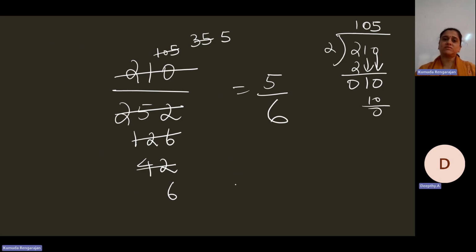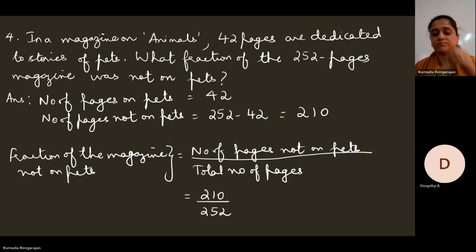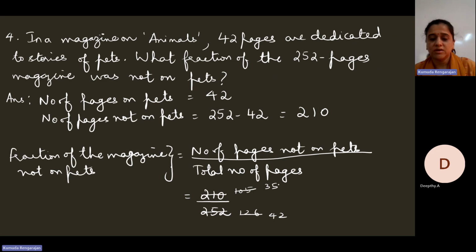First, go to the tables, then use the 3 tables and then the 7 tables. Can you go to the previous slide for a minute? So 105, 126. 35, 42. 7 fives are 35, 7 sixes are 42.